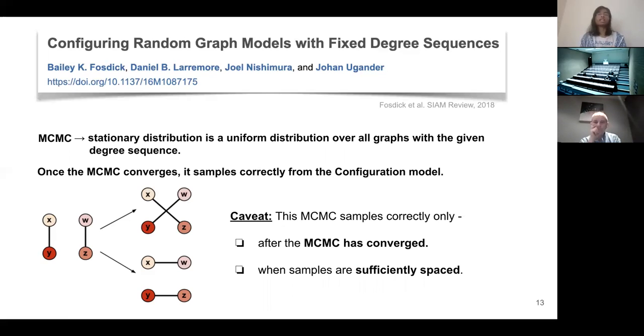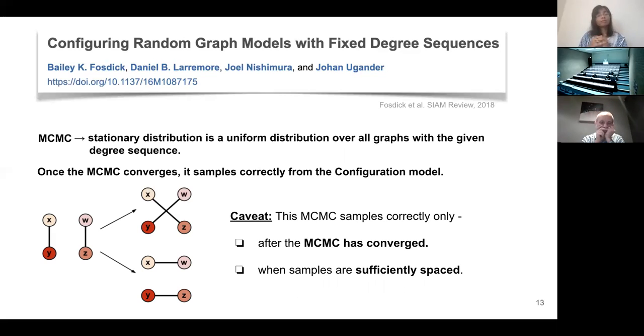And also, consecutive points in this Markov chain are very highly correlated, right? Because if you have one network and you apply a double edge swap, the next network is very similar to the first one. They just differ by one double edge swap. So the second network is not uniform random with respect to the first. They're instead very highly correlated.